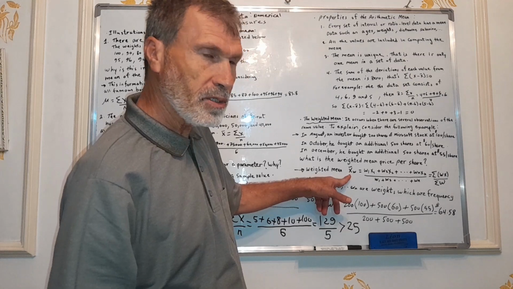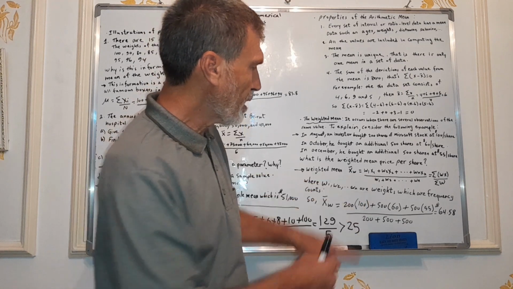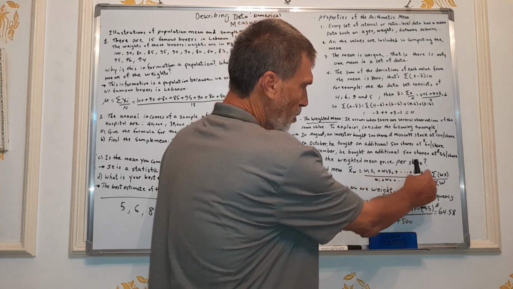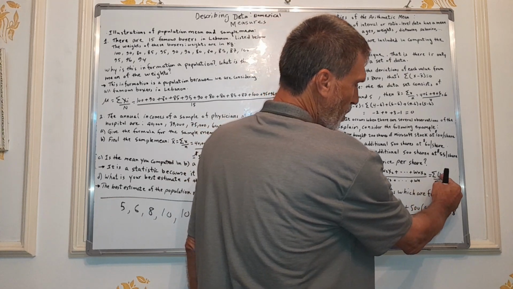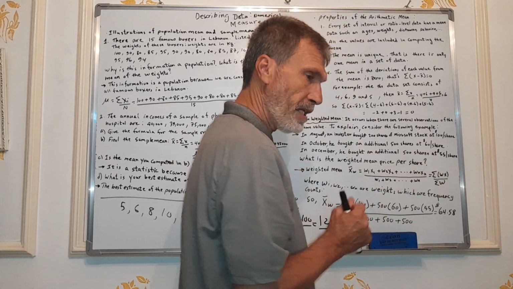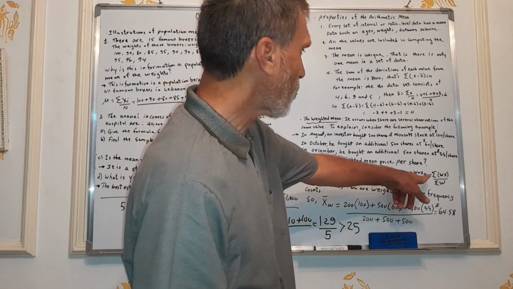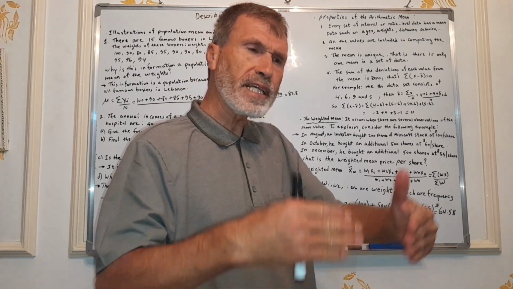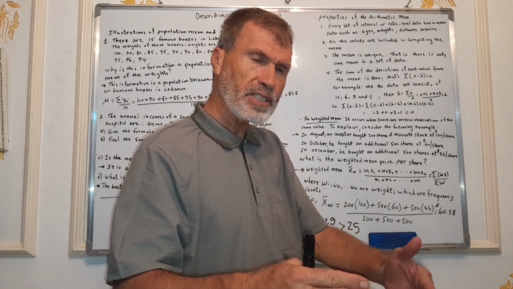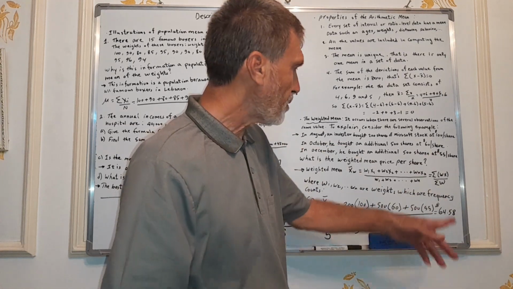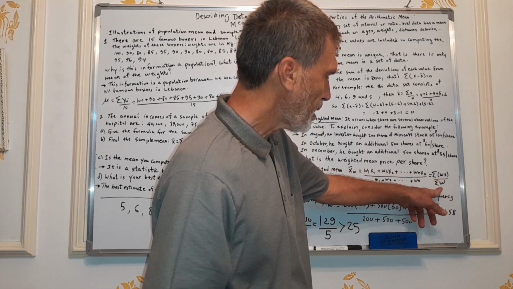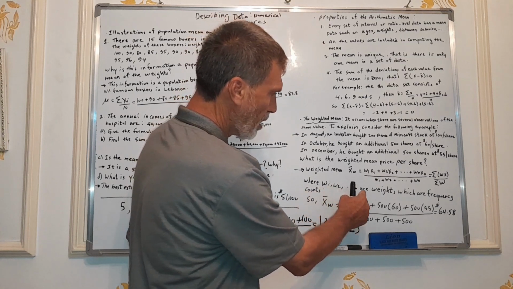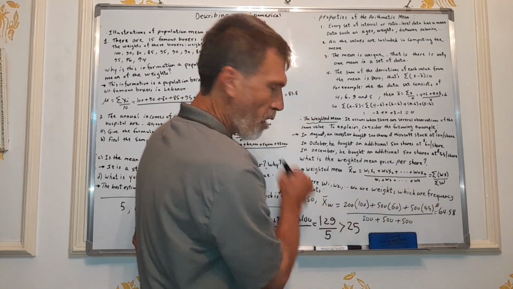X bar sub W is equal to W1 X1 plus W2 X2 all the way, that is, the summation of WX, over the summation of the weights. The weights represent the frequency counts.